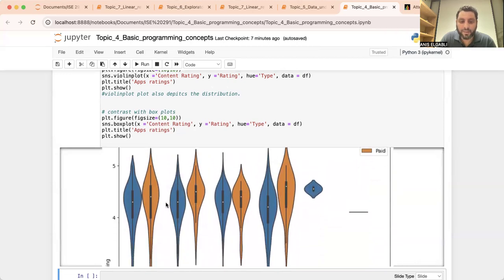But it actually tells you more about the distribution of the attribute. So if you look here, there is more data at this level than any other level. As we go upper or lower, the number of data samples or points decreases. So you can actually look at where the data is distributed.